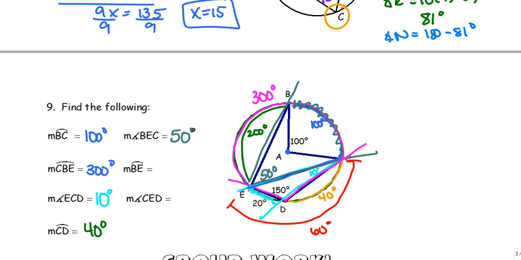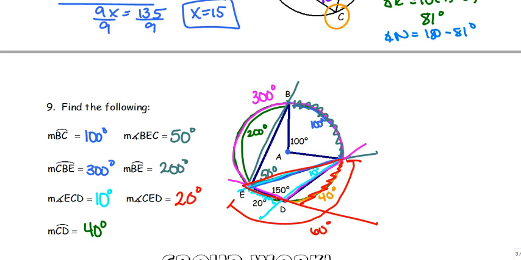We want arc BE, so from B to E. We already have that filled out. That's our 200. And last, our angle CED. So we are looking from C to E to D. That has the intercepted arc of 40. We take half of that, and our last piece of information is 20 degrees.